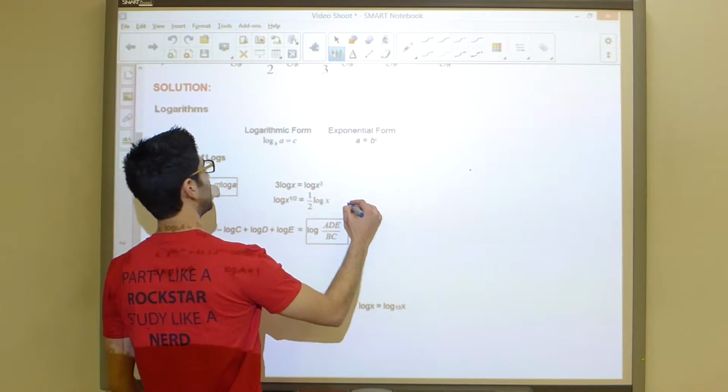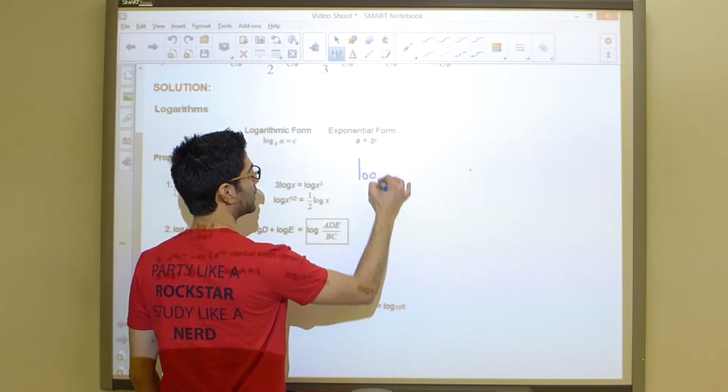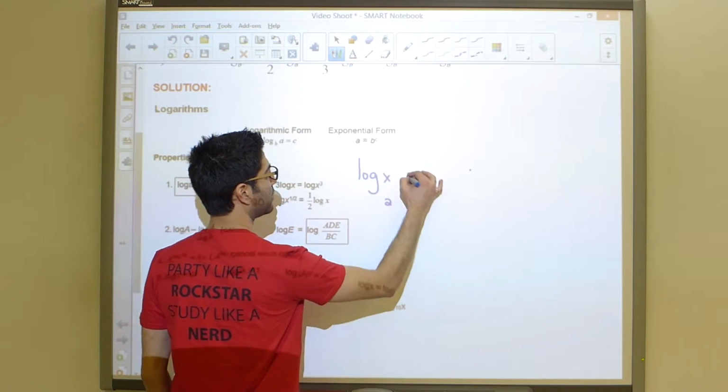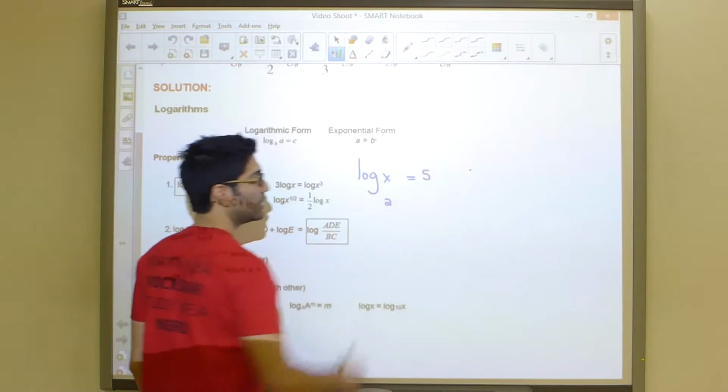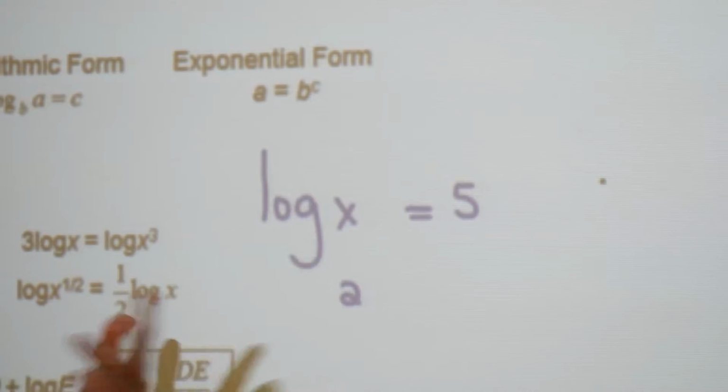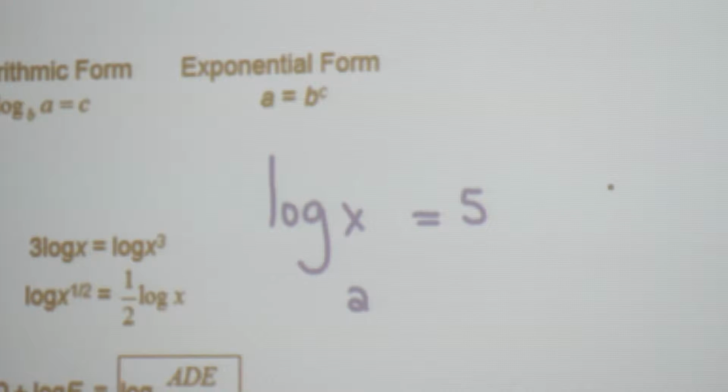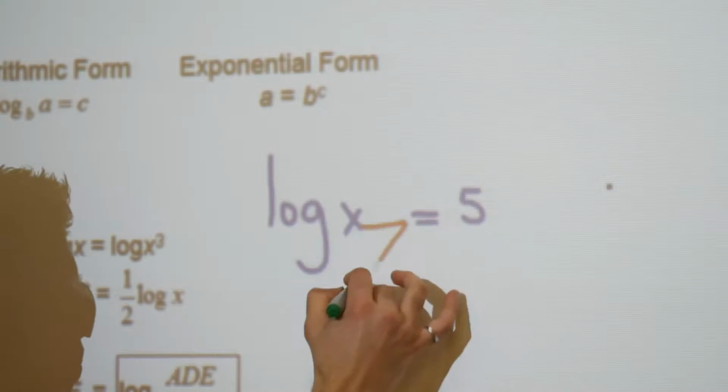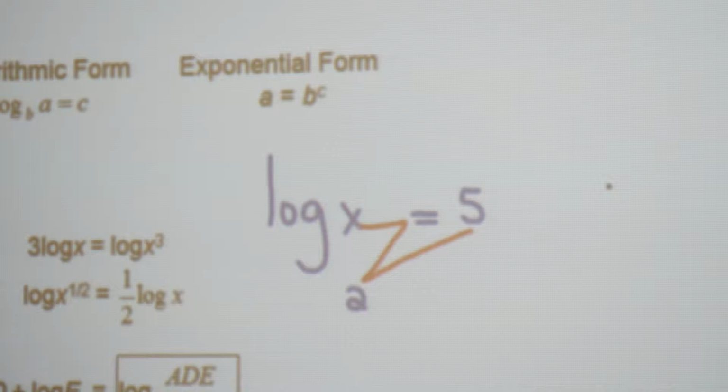For instance, if I had log x base 2 is equal to 5, and we want to solve for x or convert this into exponential form, and you're allowed to do this pretty much anytime you want, we're going to use this Zorro sign. If you follow that red line, it'll automatically help you convert from one format to the other.